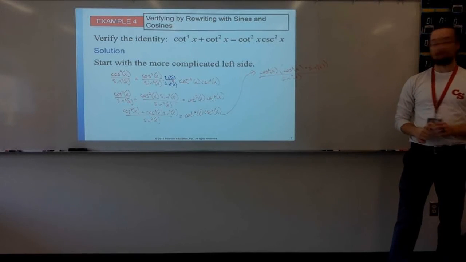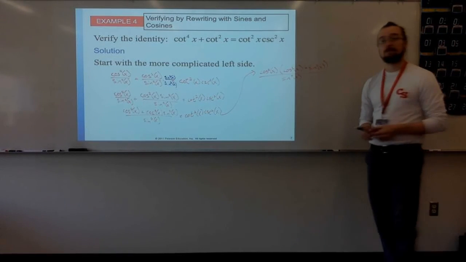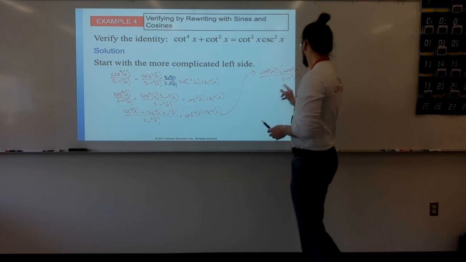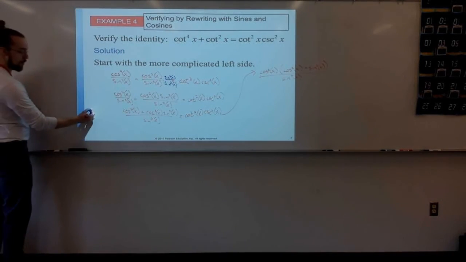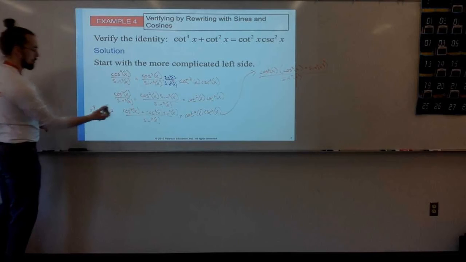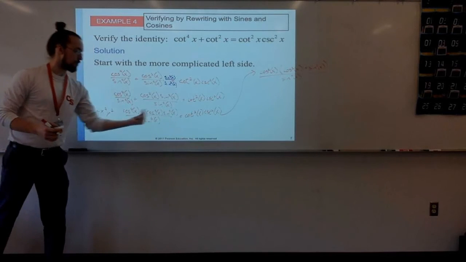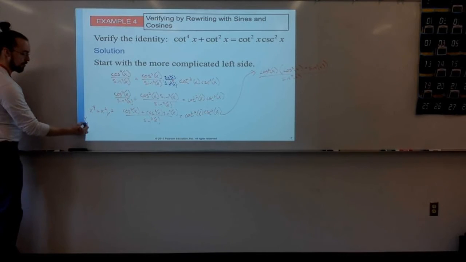Okay, so what don't you understand? So if I think about this as like x to the fourth plus x squared y squared, something to the fourth plus that same something squared times something else squared, I'm just factoring out an x squared here.